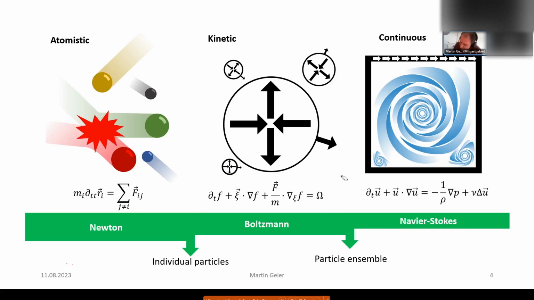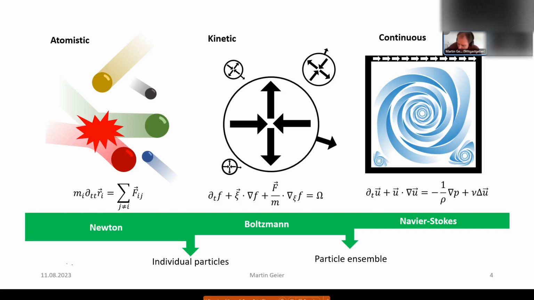The continuous description could be called fluid dynamics, and the kinetic description is actually called gas kinetics. And we solve a different differential equation, namely the Boltzmann equation, while in the continuum we solve the Navier-Stokes equation.